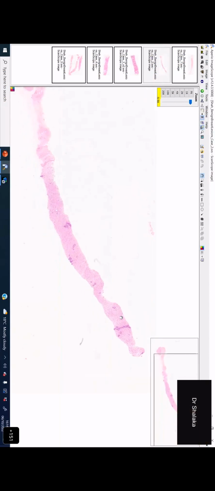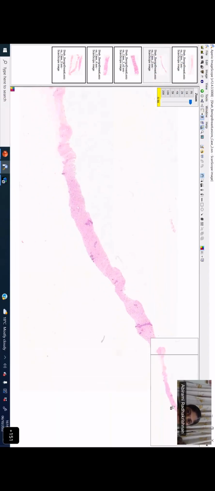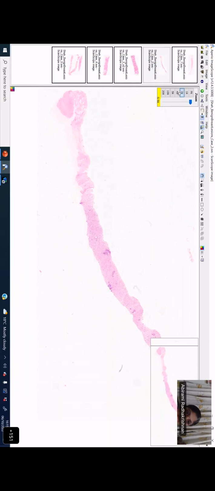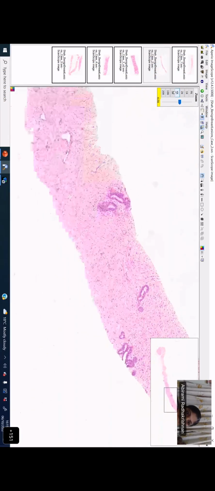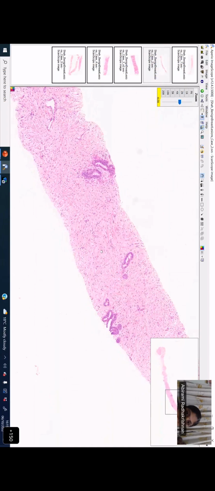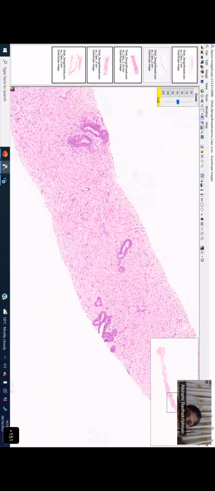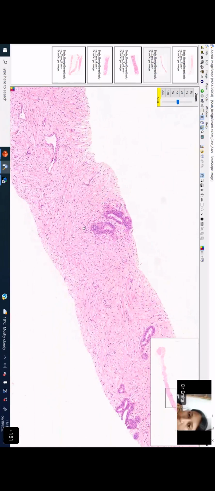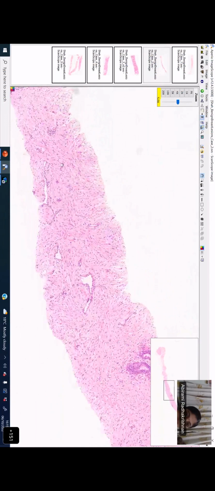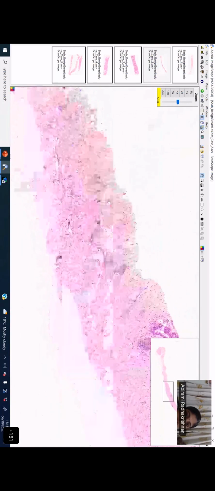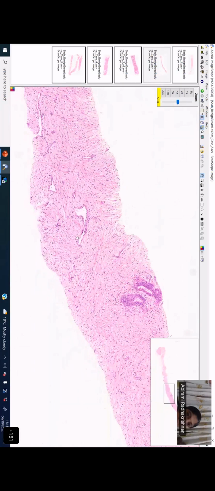Ma'am, this section shows a single linear core of breast tissue on the low power, showing both mesenchymal and the epithelial components. Moving on to the higher power, it shows a moderate increase in the cellularity of the stroma with pericanalicular pattern. And also intracanalicular pattern noted here.